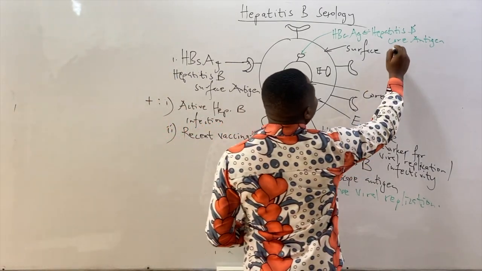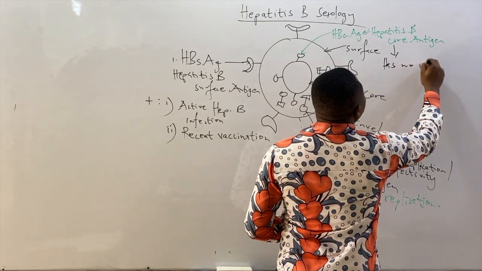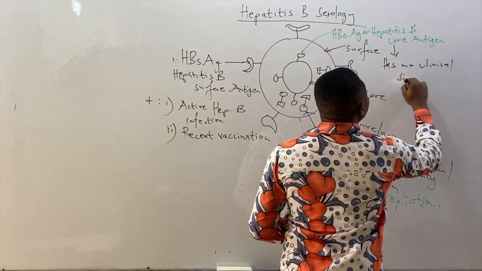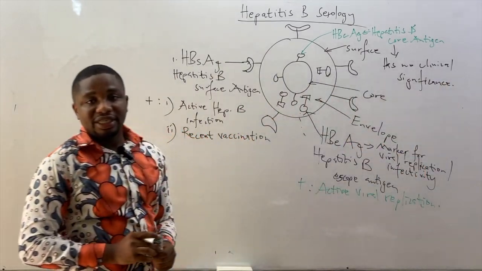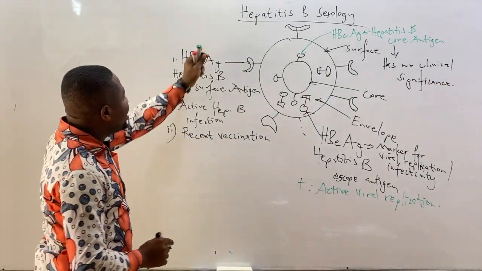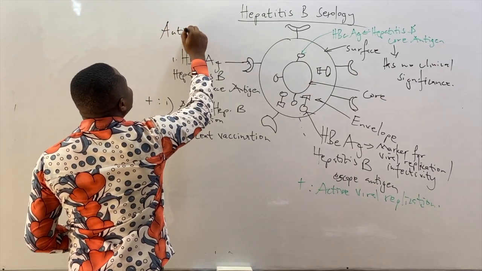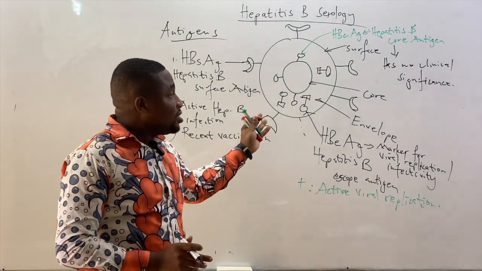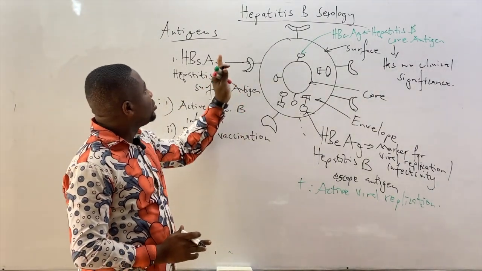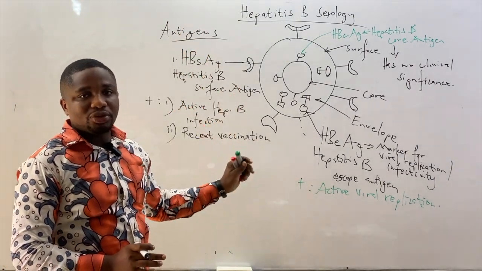So because of that, we say the hepatitis B core antigen has no clinical significance. All right, so these that we have said have to do with the antigens. I hope for now the concept about the antigens makes sense to you.